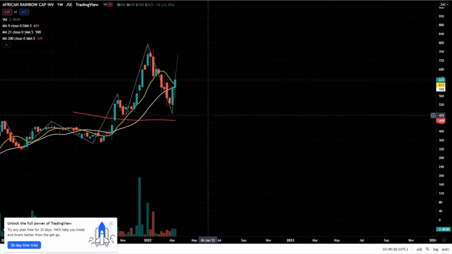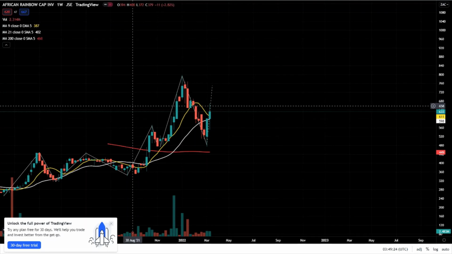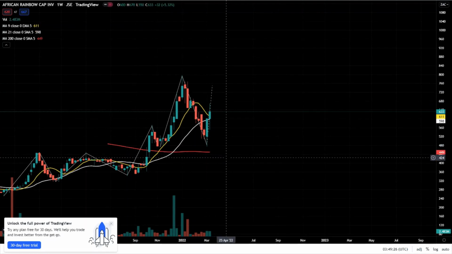There are lots of investors that do have this opinion with regard to ARC, and that is due to its involvement with Time Bank, and there's a number of other acquisitions and investments that they are currently doing.